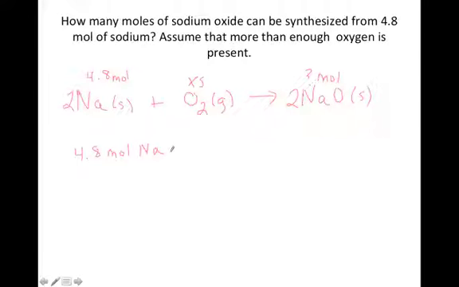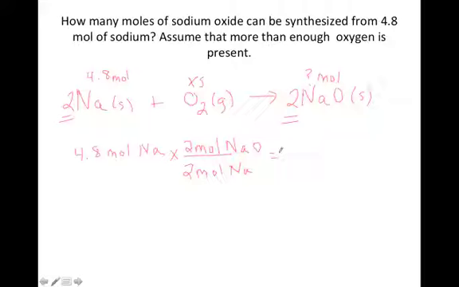We can get out of moles of sodium and into moles of sodium oxide because we know that for every 2 moles of sodium, 2 moles of sodium oxide are produced.